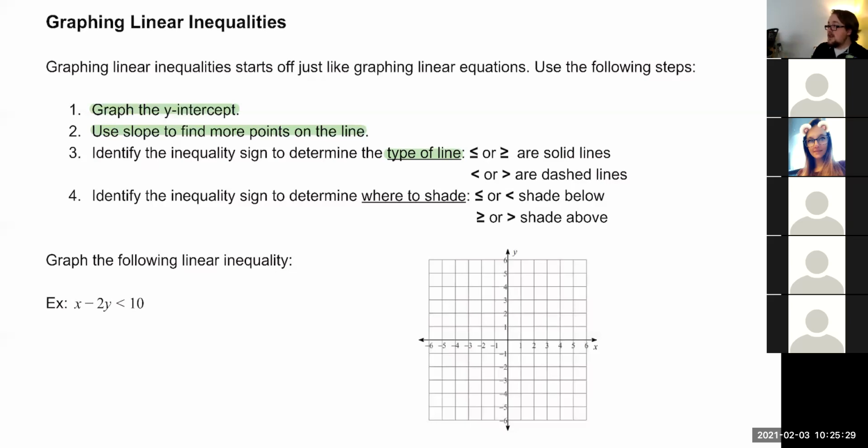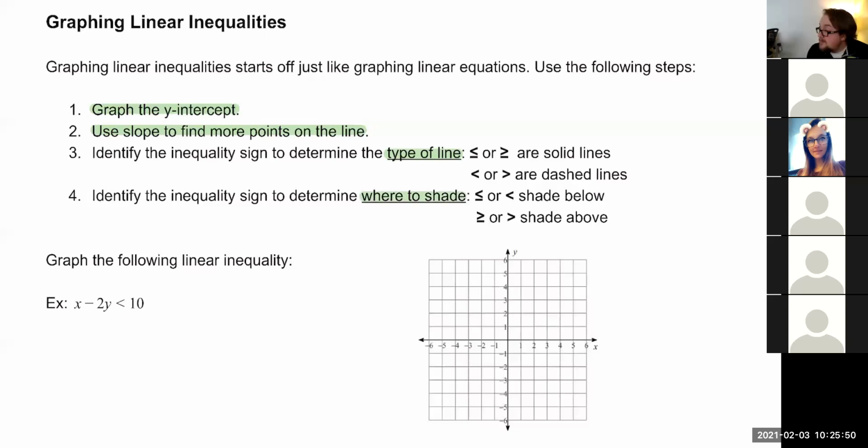Less than or greater than symbols, so no equal to part, is a dashed line. On the number line, that's where we've made open circles. So there's a connection there. Lastly, because there was always a shaded area, it also is going to tell us where to shade.